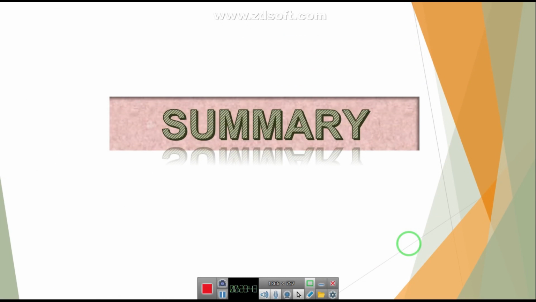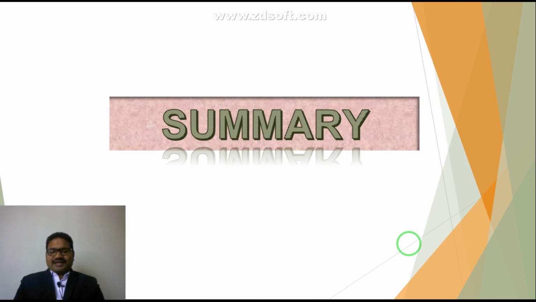So now, moving towards the summary of this lecture. Today we have studied that DPSK is nothing but a non-coherent version of BPSK. Then we have studied that a differentially encoded technique is used along with phase shift keying. That's why we call it differential phase shift keying.